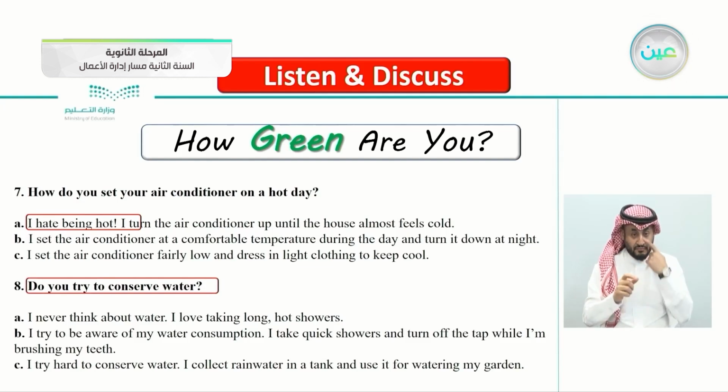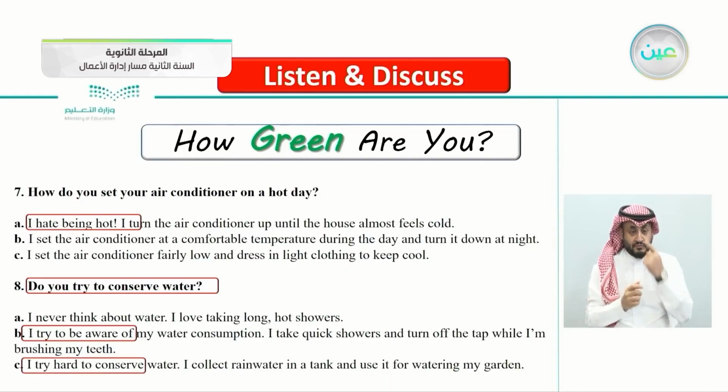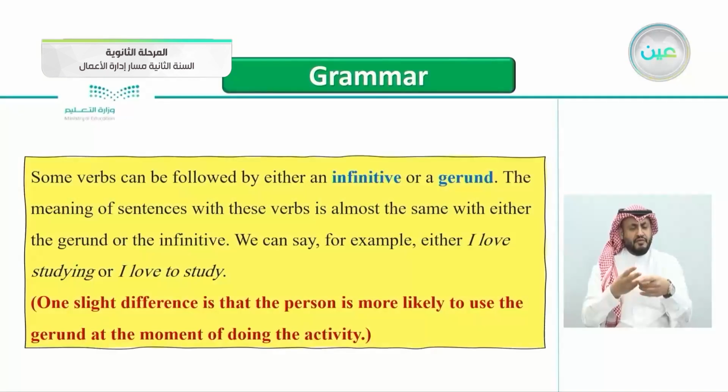So the verb here is try, and to conserve is also an infinitive. Also, I try to be aware. It's the same verb, try and try, but a different kind of infinitive here, to conserve or to be aware. Also, I try hard to conserve water. So all of these are infinitives.